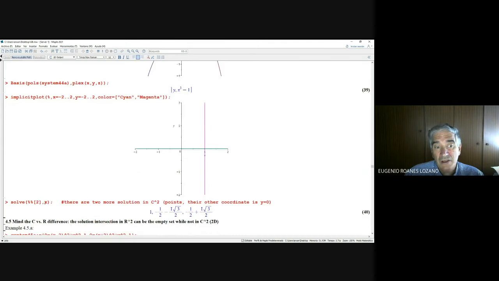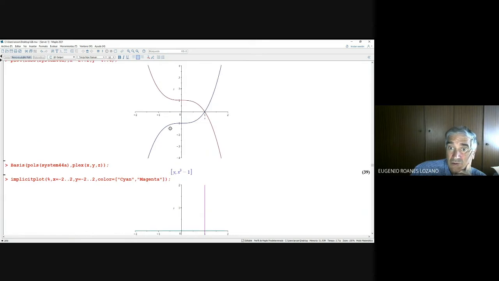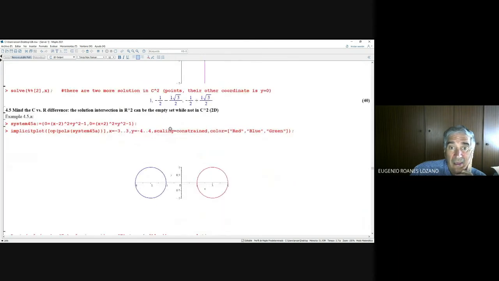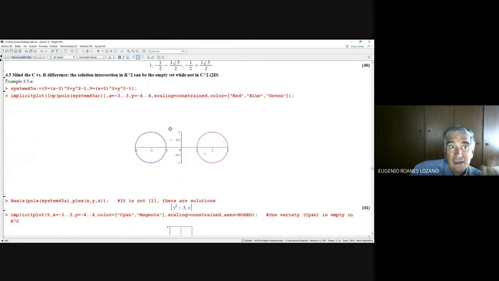But when we solve here the systems with common solve, there are also complex values. So there are 2 other intersection points between the 2 cubics. Also, we must be careful because the intersection in R2 can be empty while not in C2.